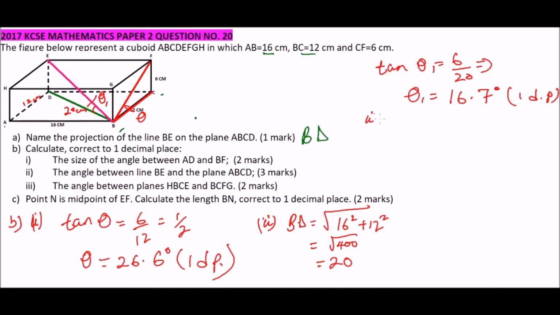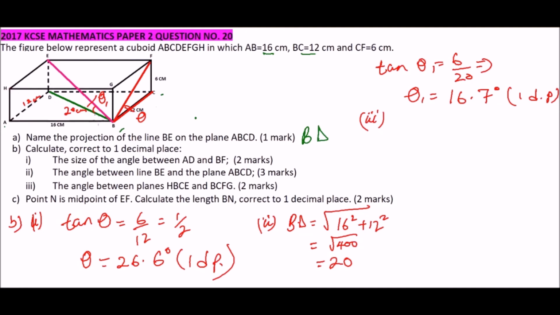Then we go to Roman number 3: the angle between planes HBCE and BCFG. We look at H. Here is where we have the H, C. Here we have C, and we have E is here, and we have B. So this is a plane where we can draw a line.